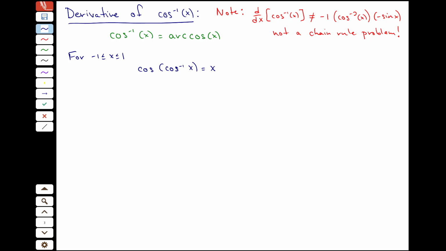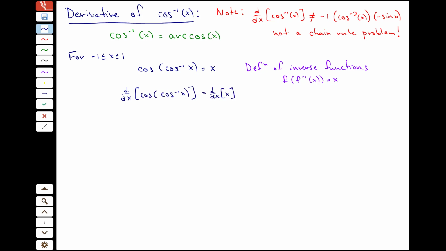And here, we're just using the definition of inverse functions. Whenever you have a function and its inverse, when you compose one inside the other, they cancel each other out. So whatever you put in is the same as what you get out. So this is our starting point, and now we're going to take the derivative of both sides of this equation.